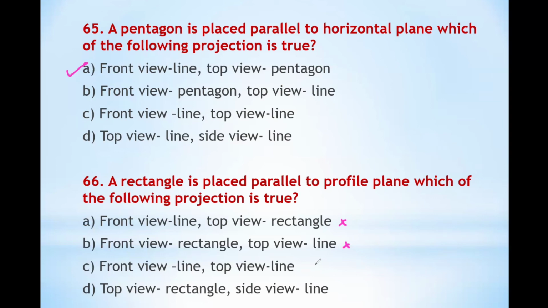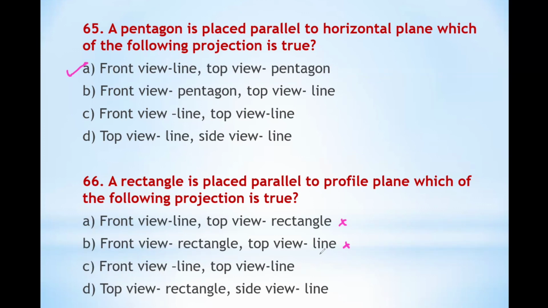Okay, so here we need to understand, if that plane is parallel to the profile plane, that means its front view will be a line, an edge view, and its top view will also be a line.